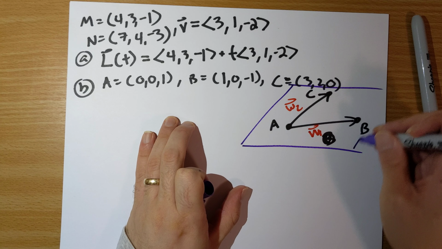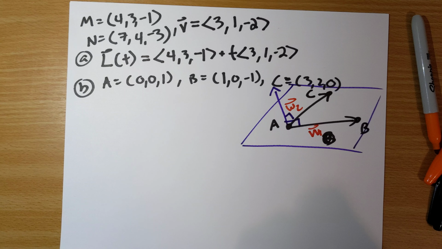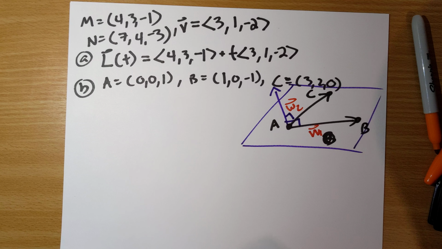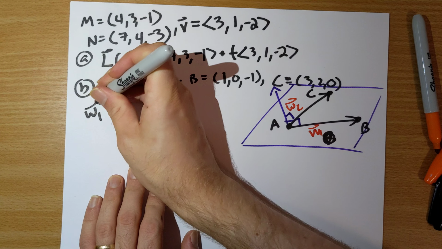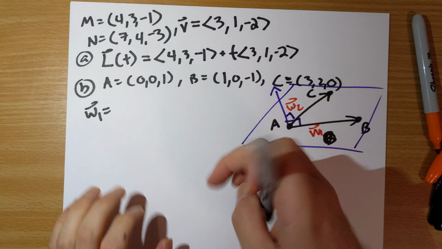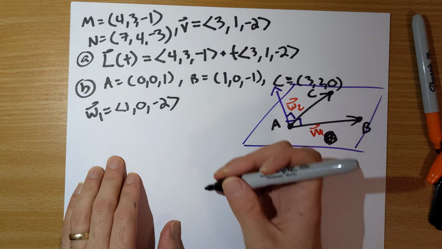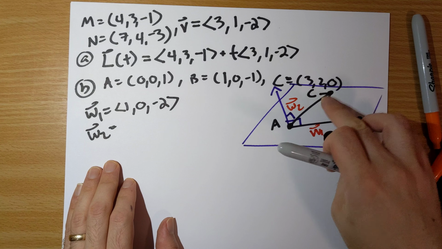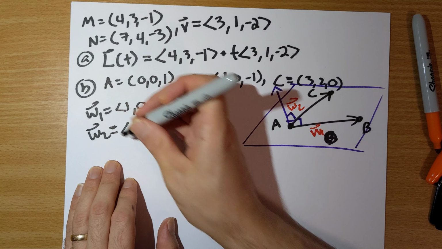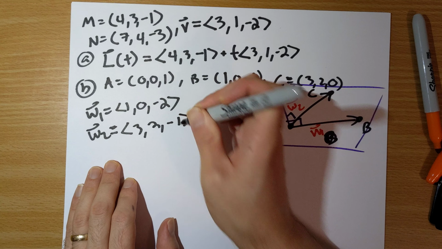Like here's our plane, we're going to find a normal vector that is orthogonal to both W1 and W2. How do we do this? So W1, the direction vector from A to B, is going to be (1, 0, -2). W2, a direction vector from A to C, is going to be (3, 2, -1).